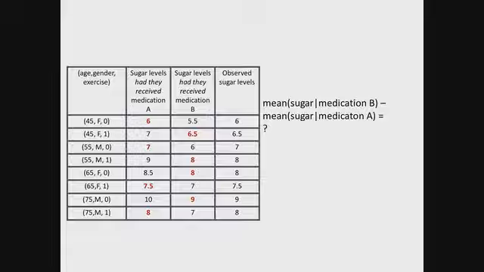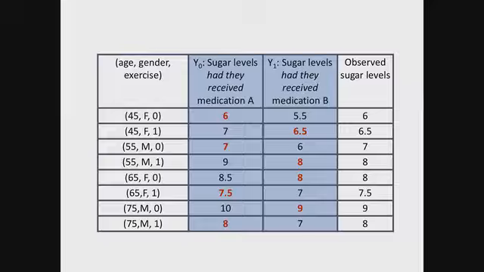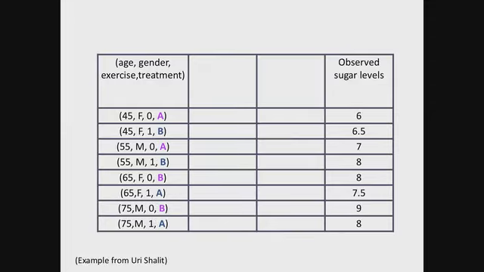This is conditioning on receiving medication B. So we're only going to take the rows where individuals receive medication B, and average their observed sugar levels.